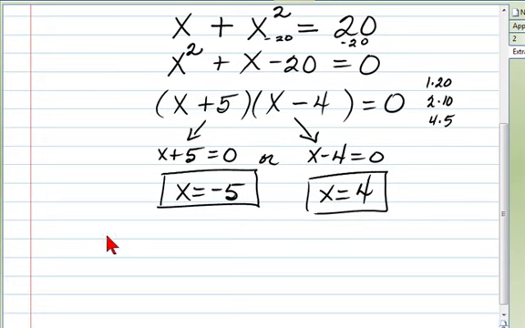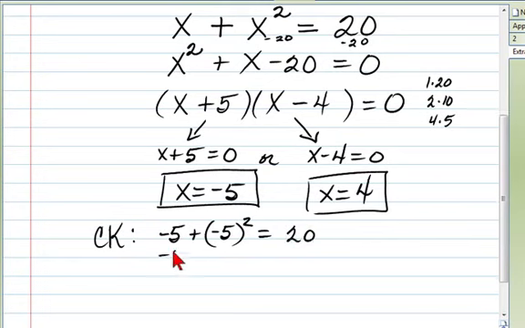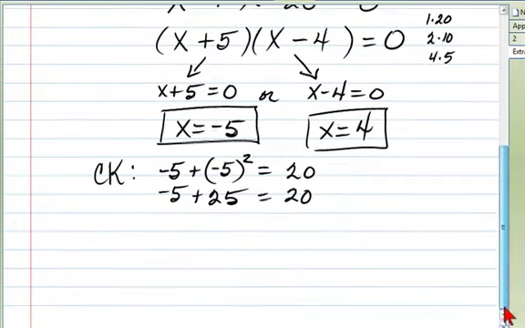Now, if you wanted to check it, if you took -5 plus its square, what is -5 squared? 25. All right, that's supposed to equal 20. Is -5 plus 25 equal to 20? Yes.